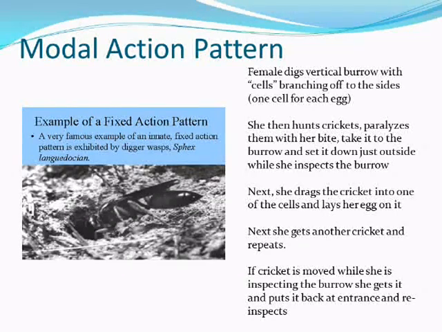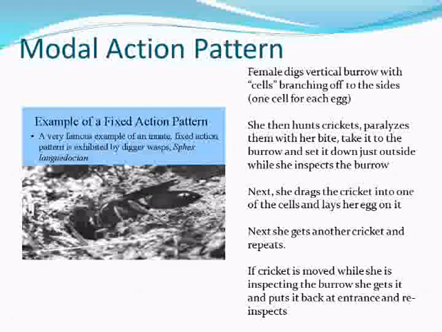As you can see here, with the digger wasp, the female digs a burrow to lay her eggs in, and she then puts a cricket into each one of the burrows, and she has an odd habit of inspecting the burrow after finding a cricket before she goes into it, and if everything's cool in there, then she drags the cricket in and lays her eggs on it.